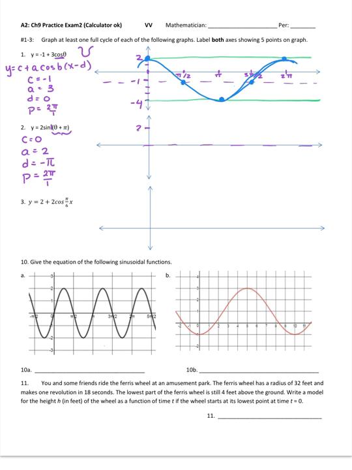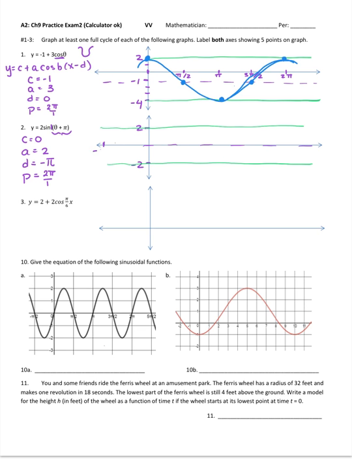So let me mark off my amplitude. So I know I'm going to go up to 2. I know I'm going to go down to a -2. So I'll just draw a little border to show that I'm going to fall within there. Now I need to label my x-axis. So I'm going to be starting back at -pi.